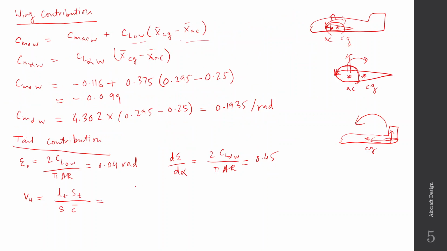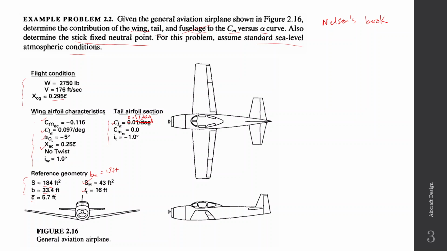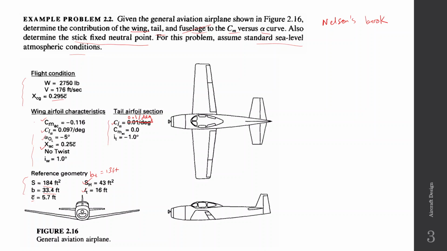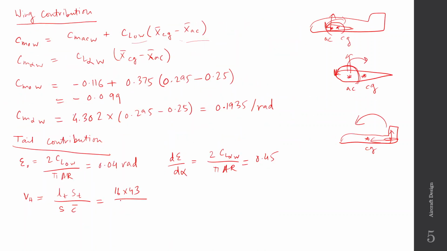So if we substitute the values, it is 16 into 43 by 184 into 5.7. So this is 0.66.